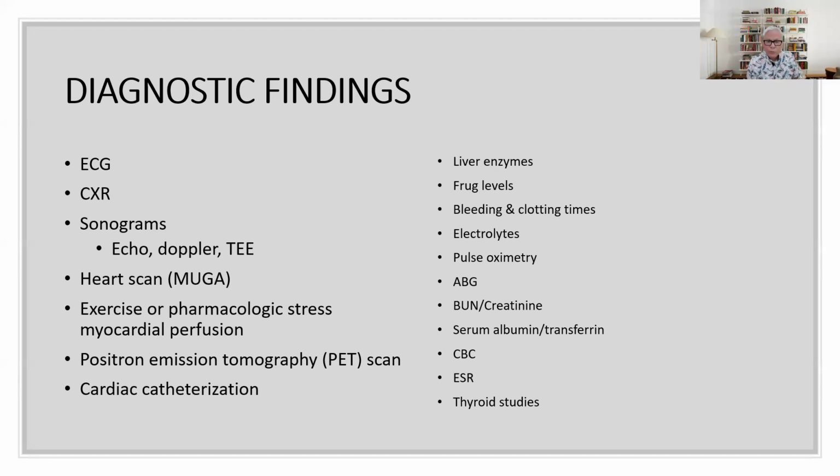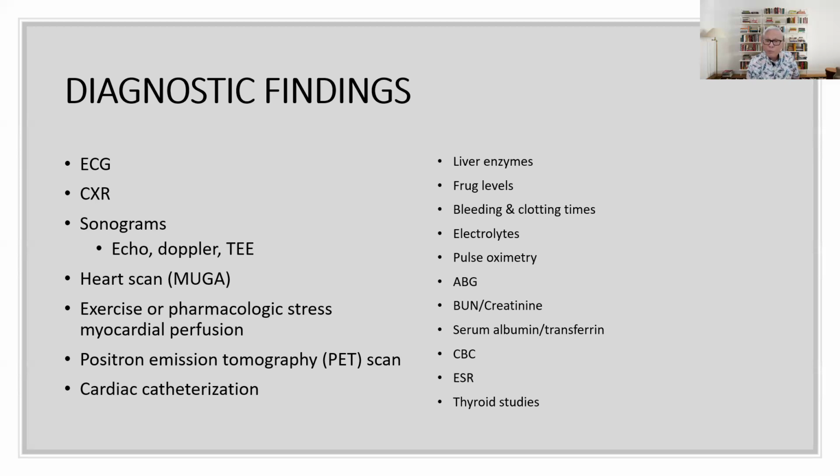Chest X-ray is going to be very important in order to show whether or not there is enlargement of the heart, or maybe congestion in the pulmonary vasculature. So these are going to be very helpful.